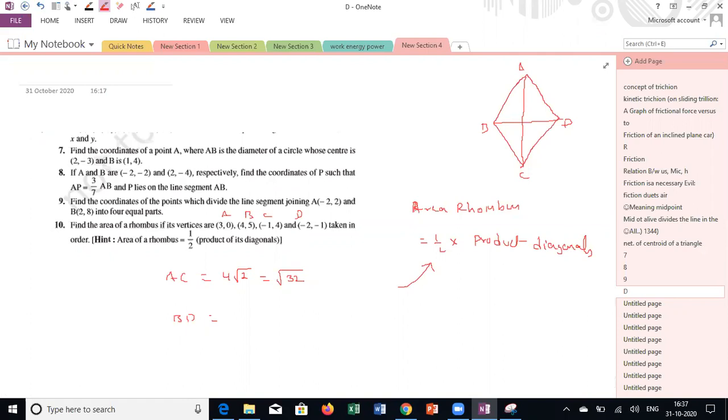Sir, root 72. What is the root 72? Any simplest form of root 72? 6 root 2?